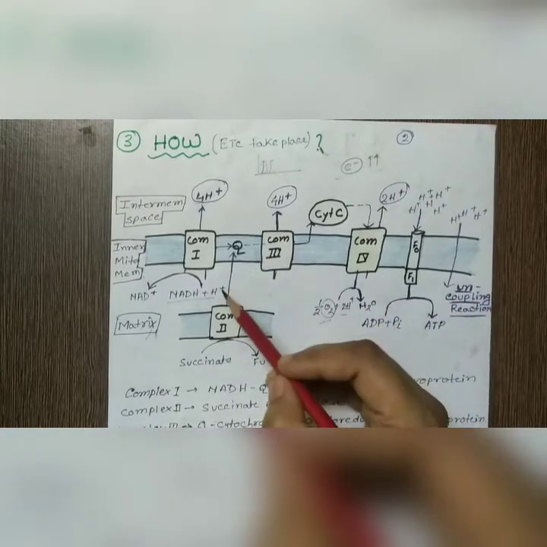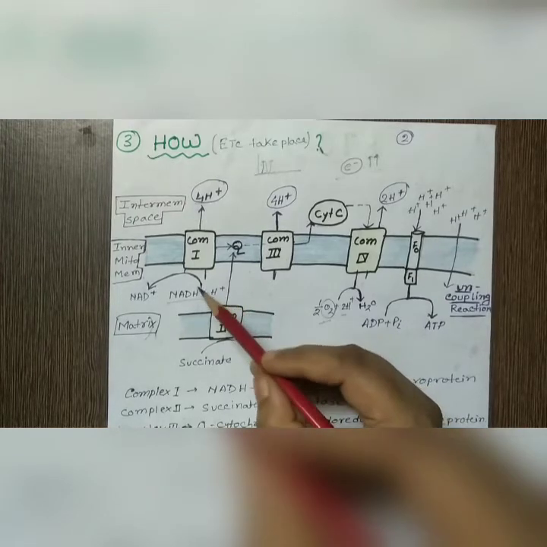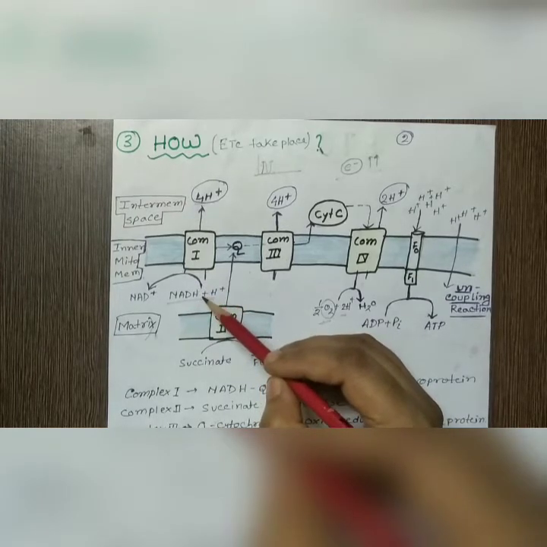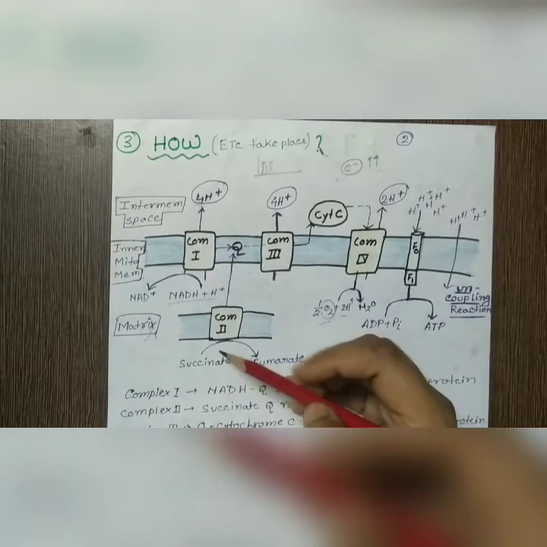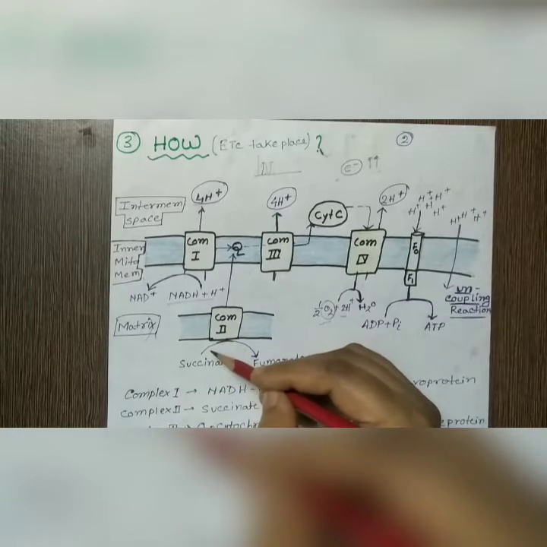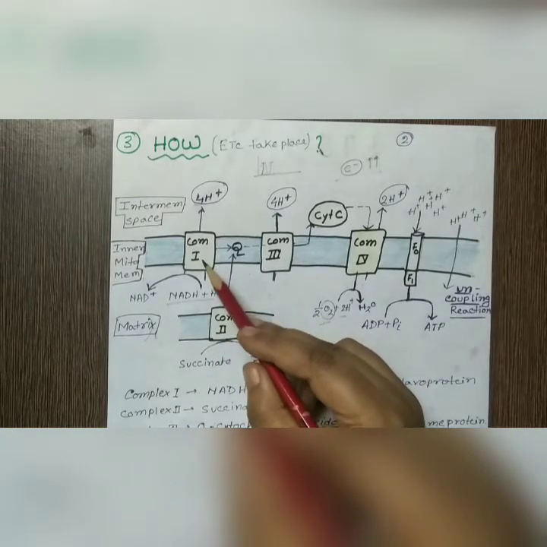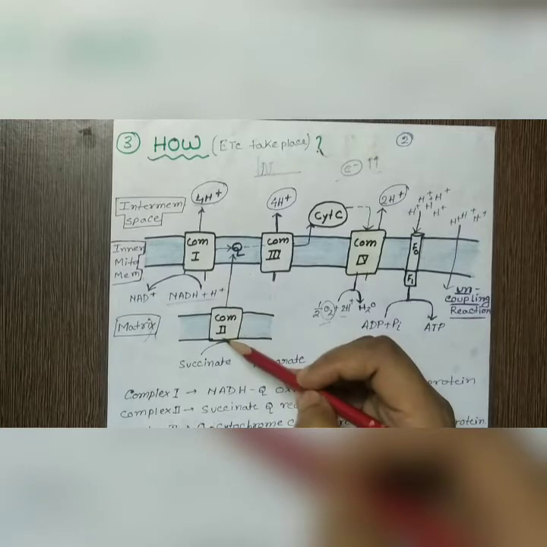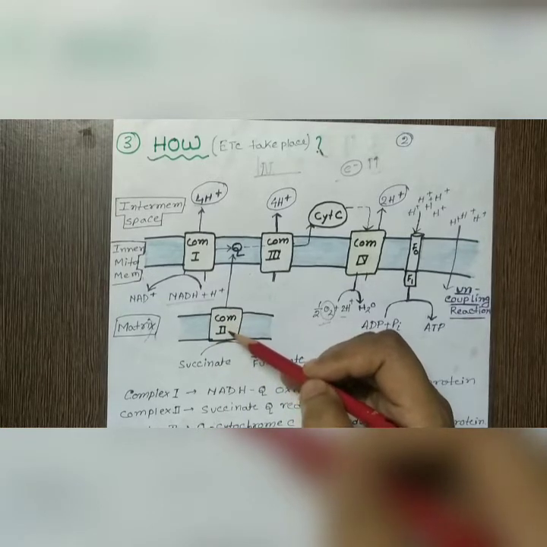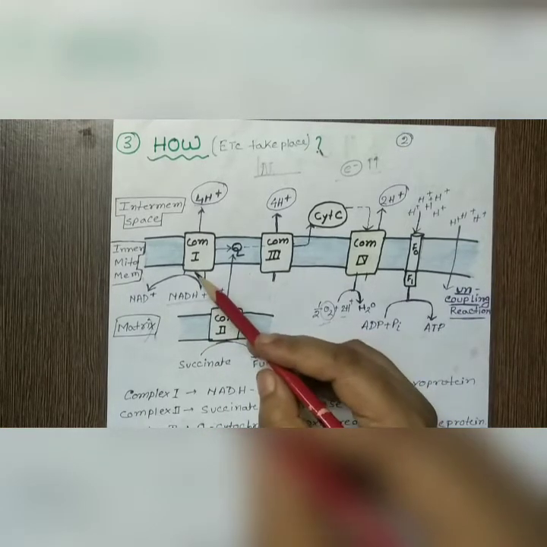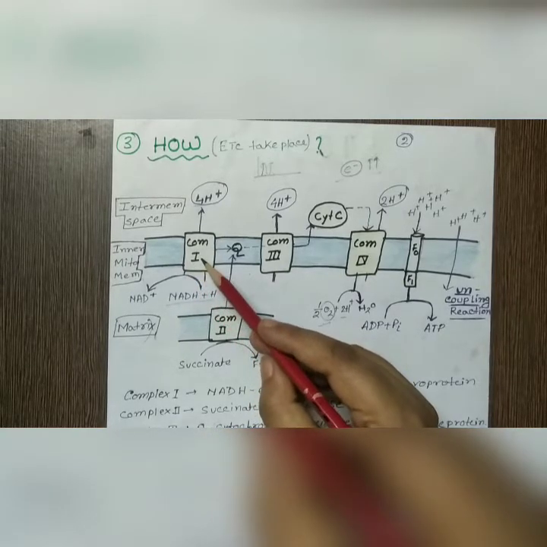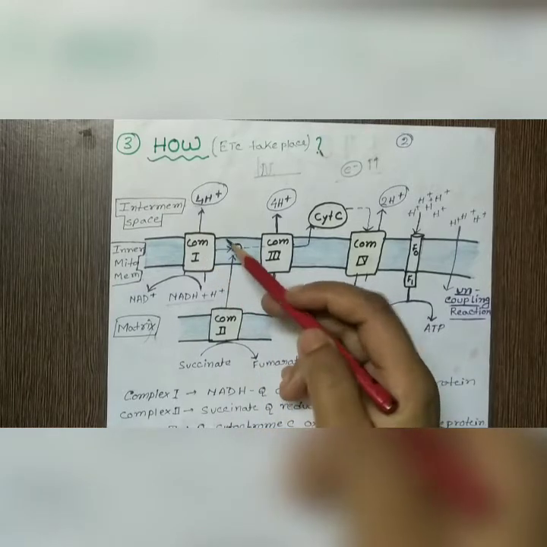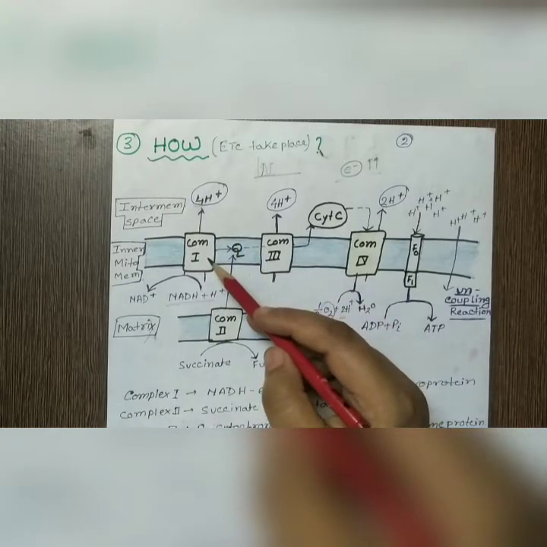Then what happens? Whenever substrates like NADH or succinate come and give their electron to these complexes, like complex first, complex second, which have specific names we will discuss later, whenever they hand over their electron to the complex, we all know that a free electron has very high energy.